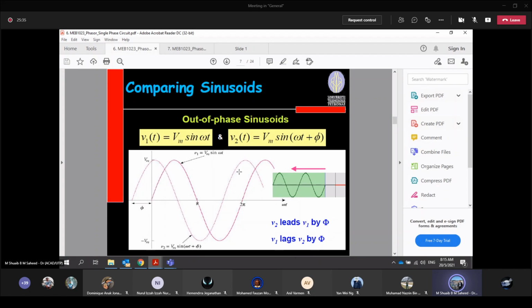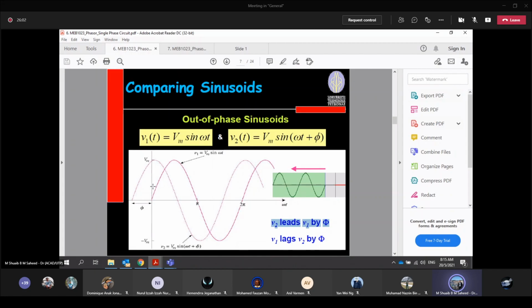So in this case, if you want to describe the relationship between V1 and V2, you can write in either of these two formats: V2 leads V1 by phi, or you can say that V1 lags V2 by phi. Phi is the angle. It can be any angle.